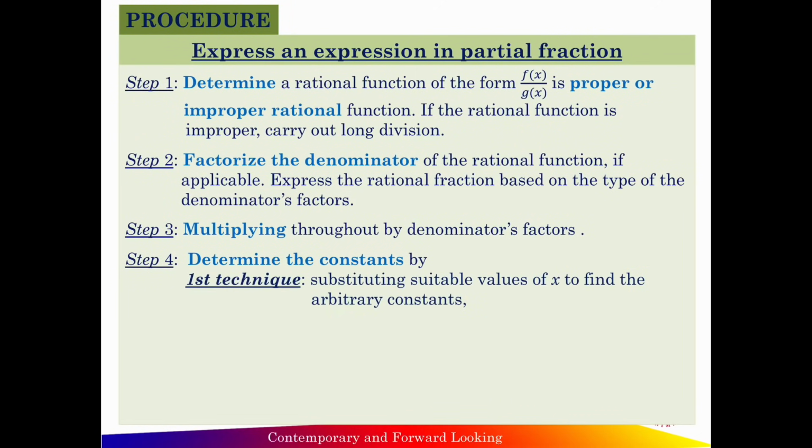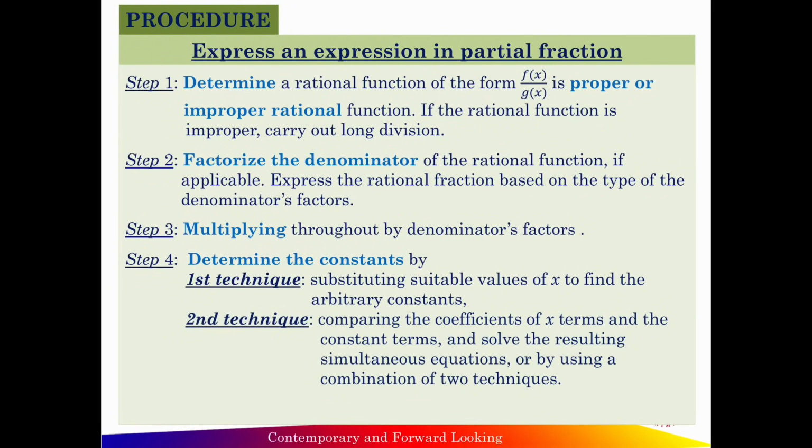The first technique is to substitute suitable values of x in order to find the arbitrary constants. If that is not enough, we can go to the second technique, which is to compare the coefficients of the x terms and the constant terms and solve the resulting simultaneous equations. In some cases, we have to use both techniques to get all the values. This depends on the situation.